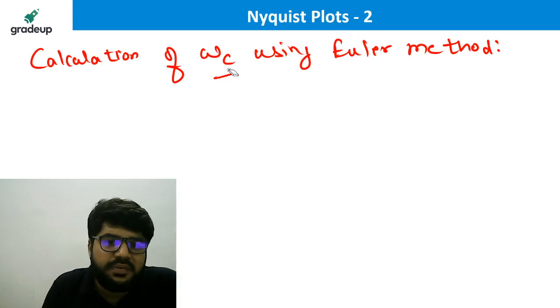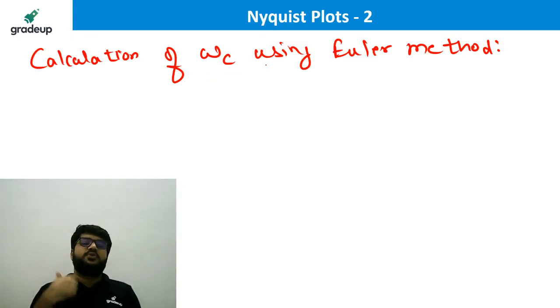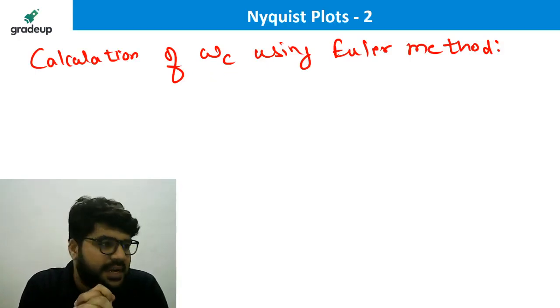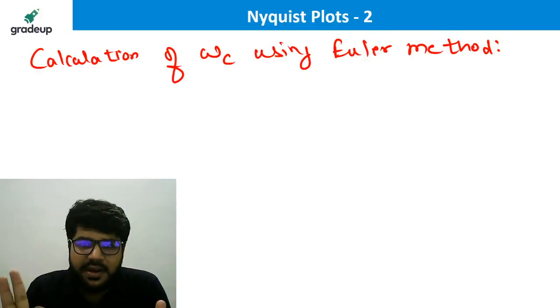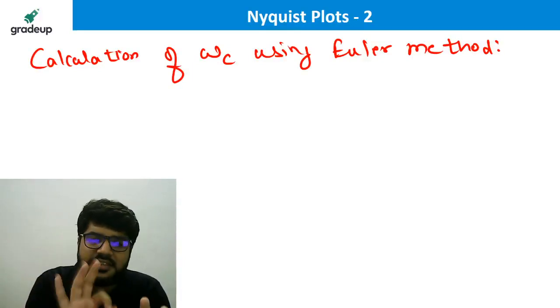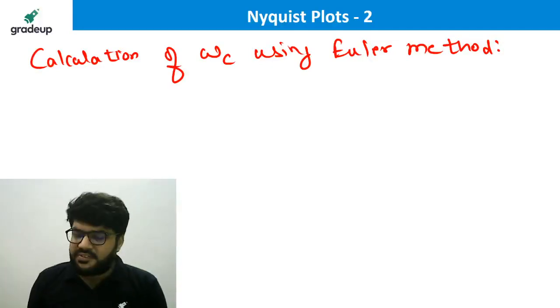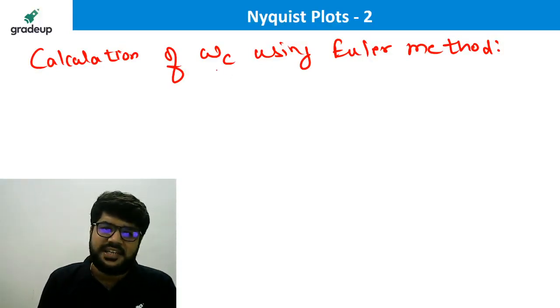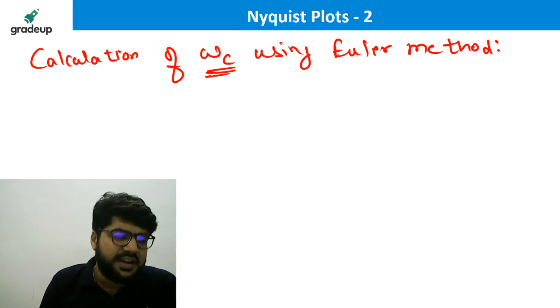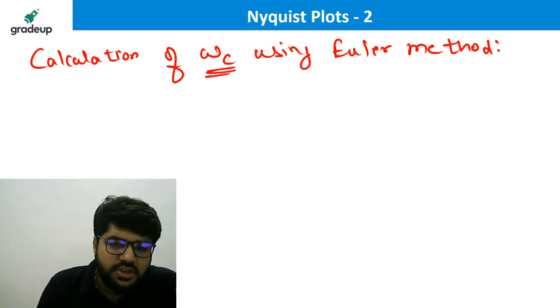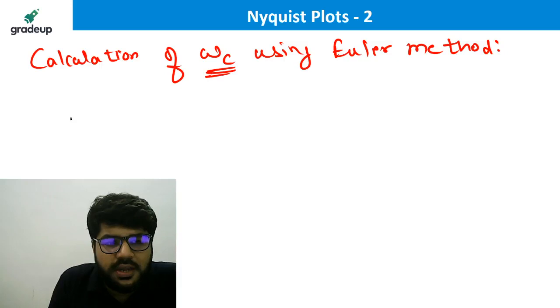Okay. That too will be required in those cases where you are going to plot the complete plot for stability. If only the shape is required, to match options A, B, C, D, for that I will give you a better shortcut. But if stability analysis is to be done, omega c is very important. Without this calculation, we can't comment on the stability analysis. So how to calculate omega c using the Euler method?